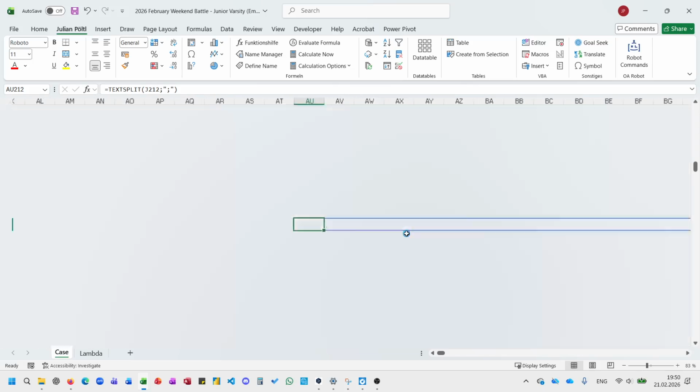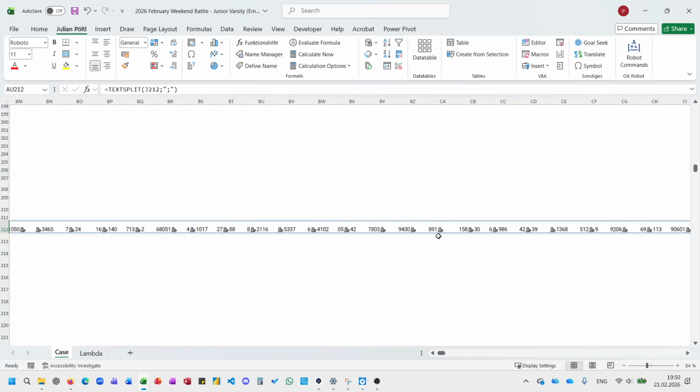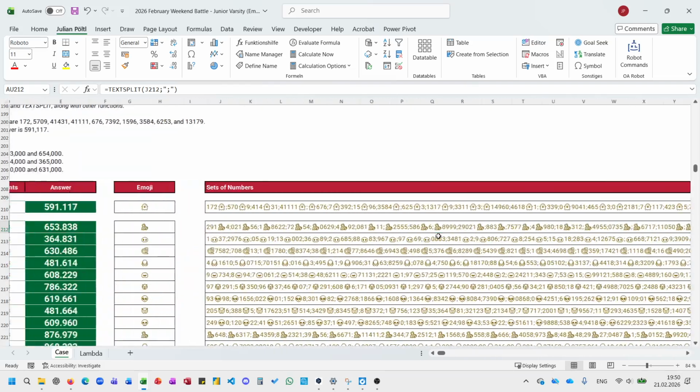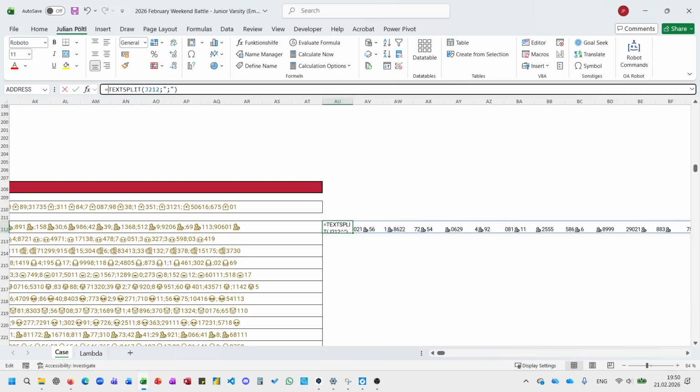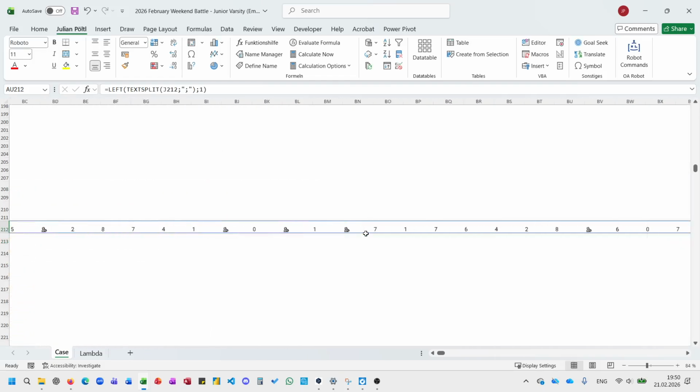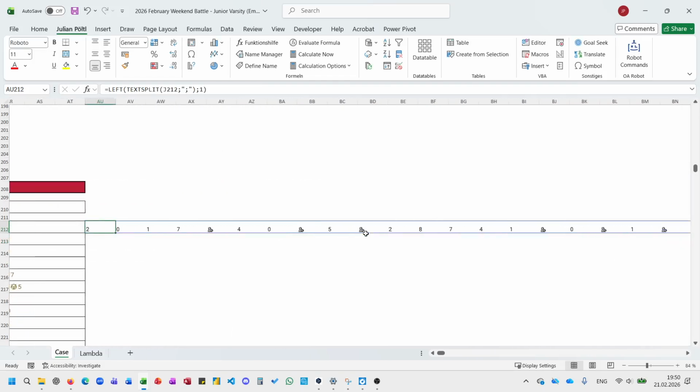Yes. And then directly after means the first one is an emoji. So left one. Oh, this works. Interesting.